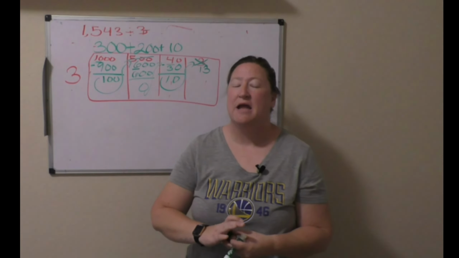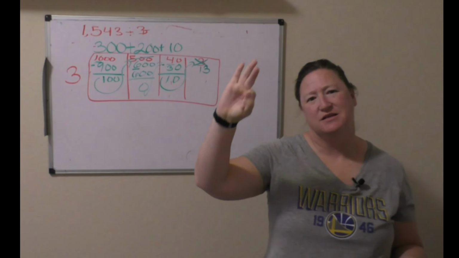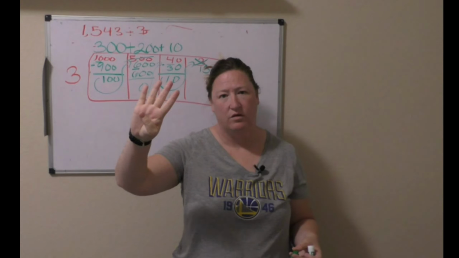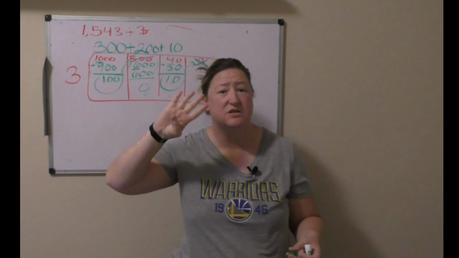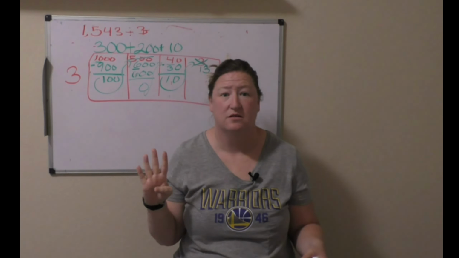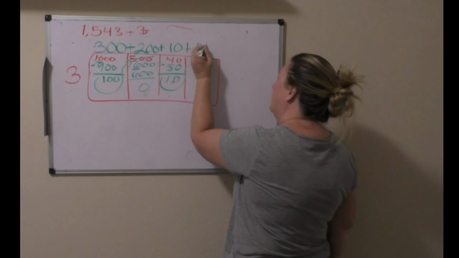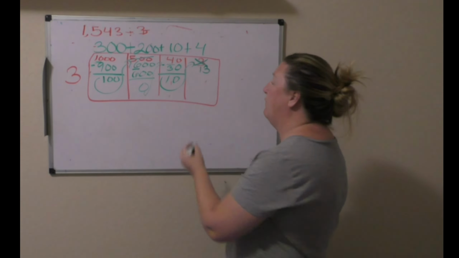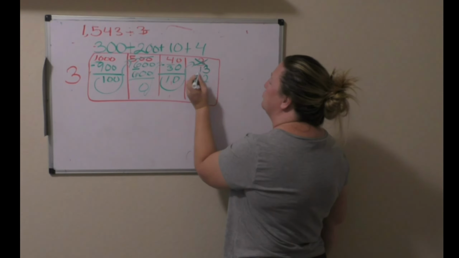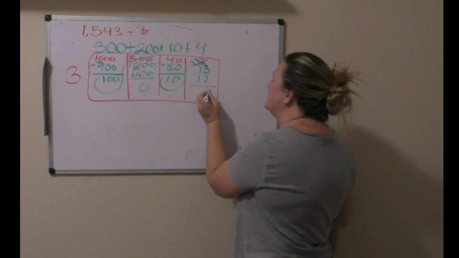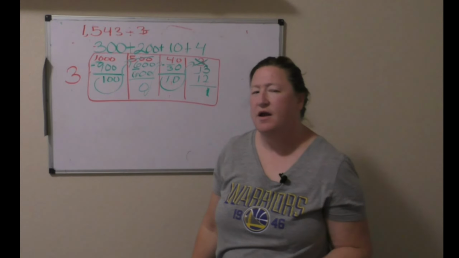I know, let's count by threes. 3, 6, 9, 12 is as close to 13 as I'm going to get. So I know that 3 times 4 gives me 12. I subtract, and I have this 1 left over.